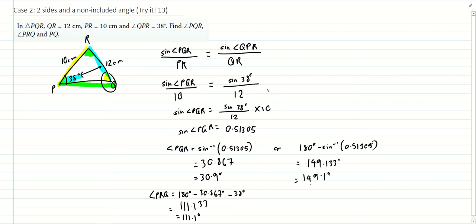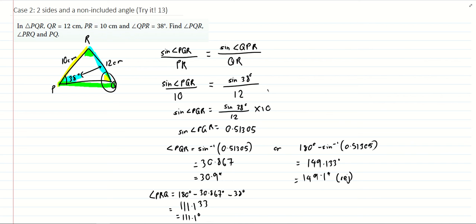Or if you take 180 degrees minus 149.133 minus 38, you realize that you will get a negative number. So over here, you will have to reject your answer.